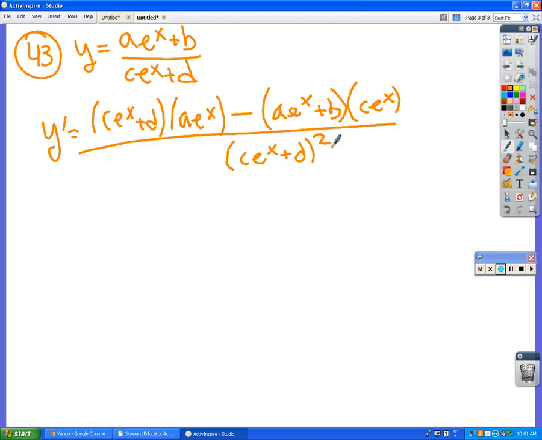If I go c e to the x times a e to the x, and then here I have the same thing, c e to the x times a e to the x, and that's a minus, so those will cancel, right? So this will leave me with a b e to the x minus b c e to the x all over that.